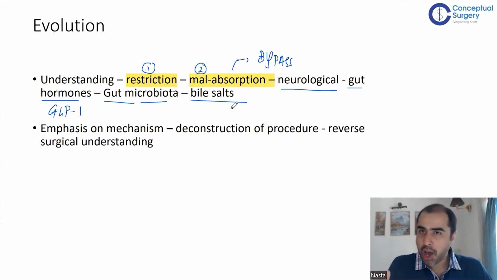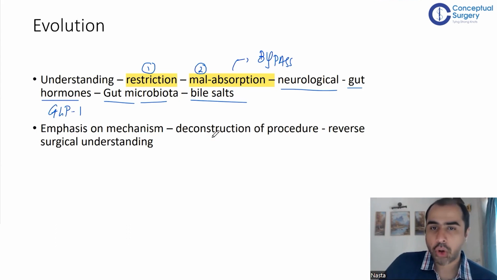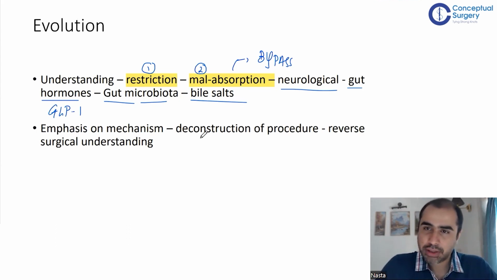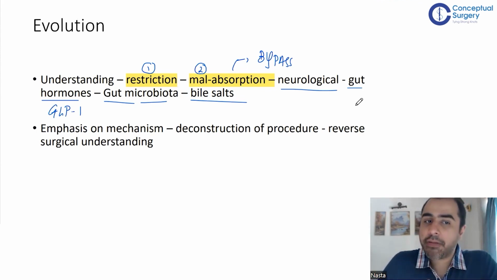Some people who have extra weight, some people who suffer from obesity, they have a problem in these mechanisms also. Maybe their hormonal profile in the intestine is different. Maybe their bacteria are different. This has been studied extensively in literature. So what was happening was they started doing procedures, thinking some of these mechanisms would do it. And later on, they studied that a simple procedure had multitude of effects.